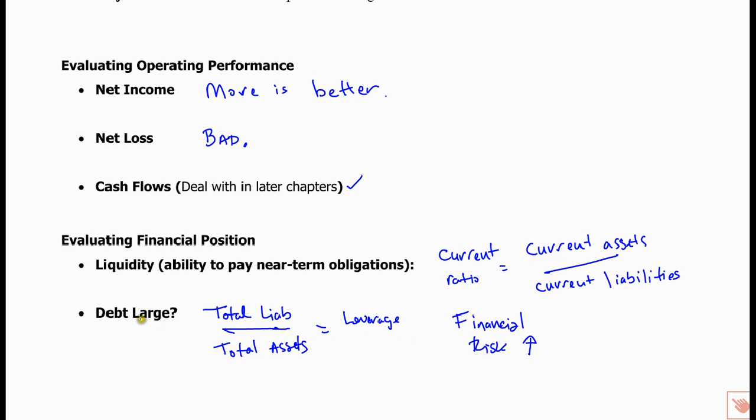This one is a tough one to analyze, and we'll return to more detail through the term, and when we get to the end of the term, we look at financial analysis in particular. But all else equal, financial risk is up. Is this good or bad? It's not clear yet. You need more information. But it is more risky.